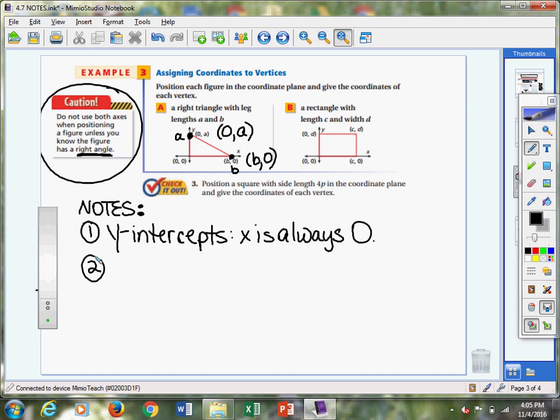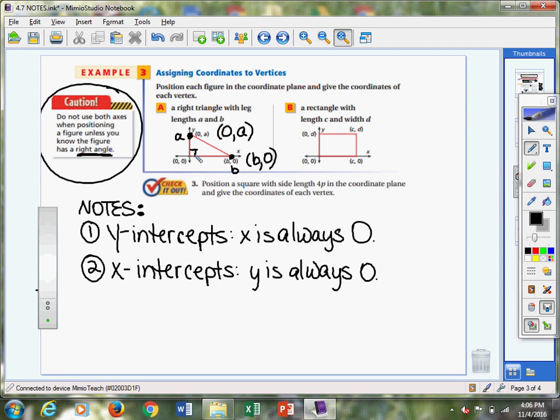And x-intercepts: y is always 0. This is a consistent pattern. This will always happen. If we put the right angle where the origin is, you always know what the coordinates for the origin are. That's going to be 0, 0, whether you have numbers there or not. The origin is going to be 0, 0.